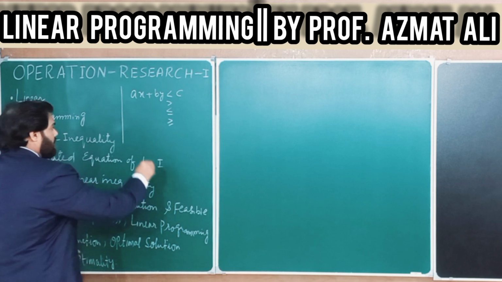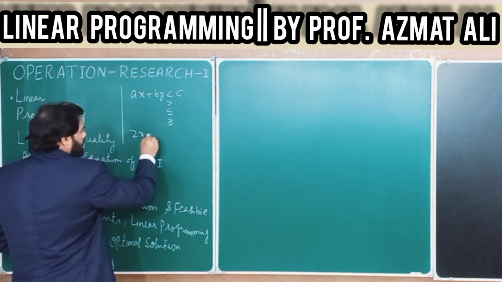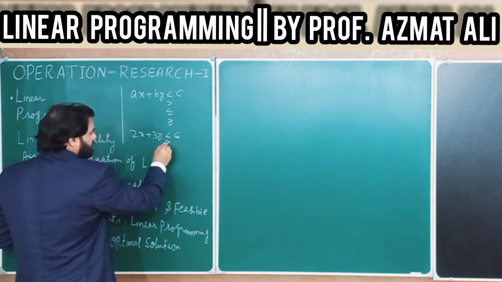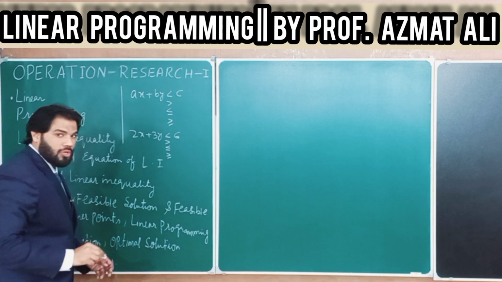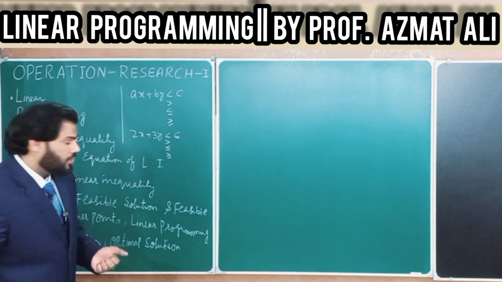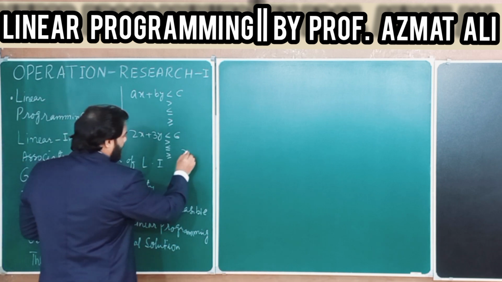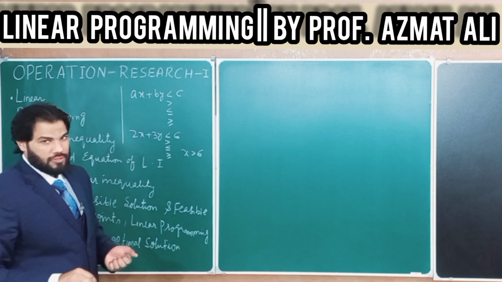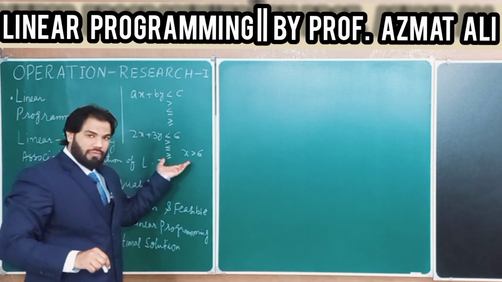For example, you can write 2x plus 3y less than 6, greater than 6, less than or equal to 6, greater than equal to 6. So this is the example of linear inequalities in two variables. If you write x is greater than 6, this is also a linear inequality, but here there is only one variable, that is x.